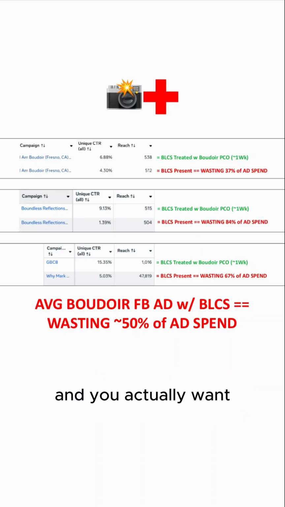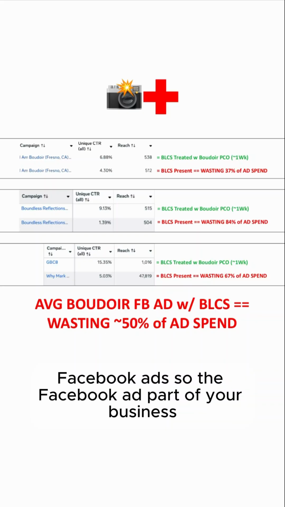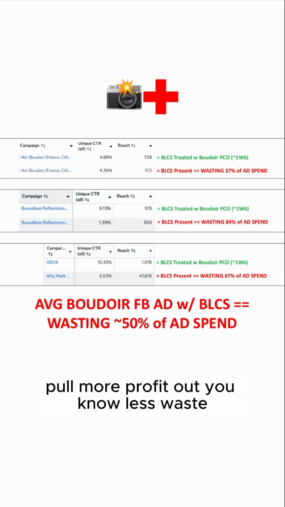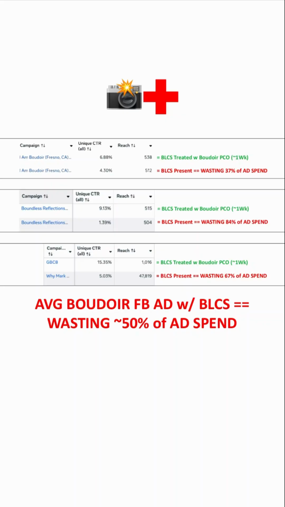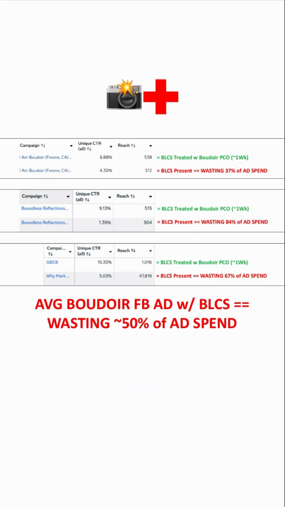And you've decided now you need to do the same optimization with your Boudoir Facebook ads. So the Facebook ad part of your business, pull more profit out, less waste, fewer inputs, same profit, or more profit. So you want to optimize this.